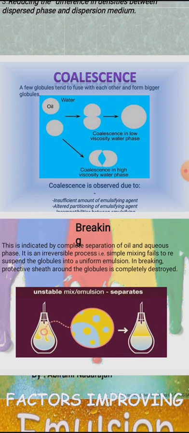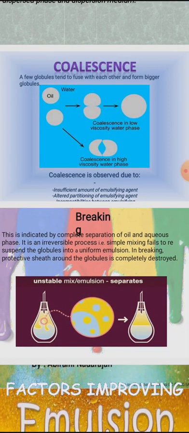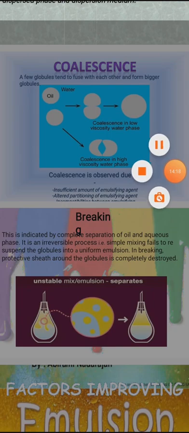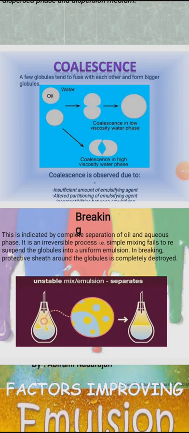Another important point is the phase volume ratio, which represents the relative volume of water to oil in an emulsion. At a higher ratio, globules are closely packed, wherein small globules occupy the void space between the bigger globules. Thus, globules get compressed and become irregular in shape, which leads to fusion of adjacent globules. So this is all about coalescence.